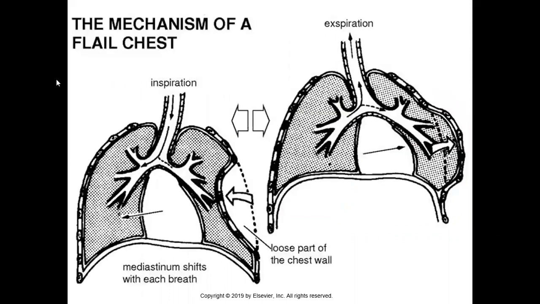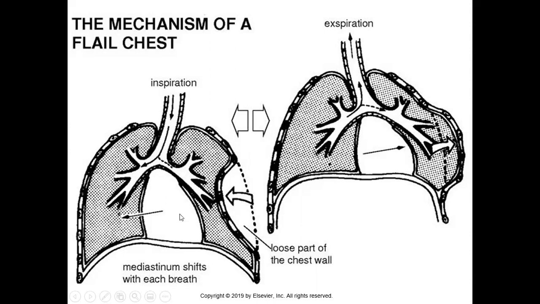Next, the mechanism of flail chest. Let me recap. In picture number 1, we see this area is broken, a fracture from blunt injury. The ribs are broken, so this area is a loose part of the thoracic wall. During inspiration this area goes inside, and during expiration this loose part bulges outside. The mediastinum is shifted with each breath.